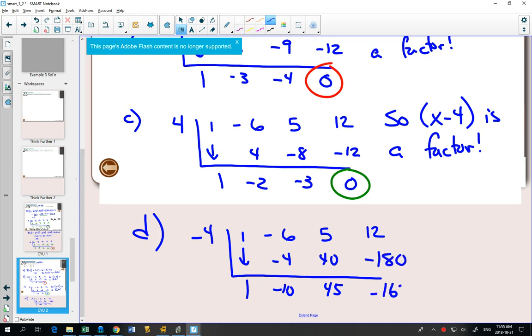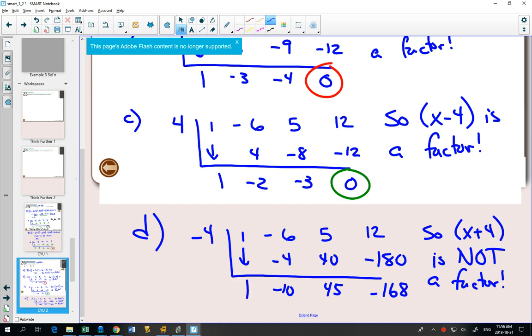Oh my goodness. That's not added right. We get a remainder of negative 168. So that means x plus 4 is not a factor.